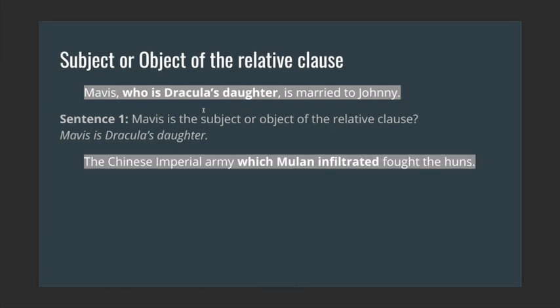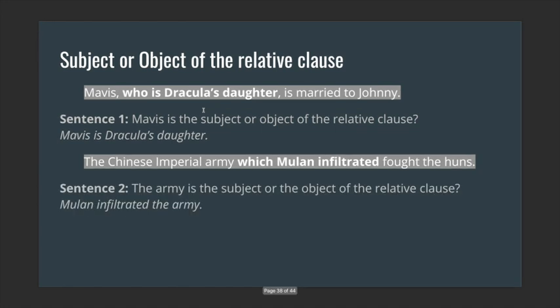Here we have another sentence. The Chinese Imperial Army, which Mulan infiltrated, fought the Huns. Now let's see, in this sentence too, the army is the subject or the object of the relative clause. So here we have just the clause. Mulan infiltrated the army. Who did the action? Mulan did the action. Mulan executed the infiltration.